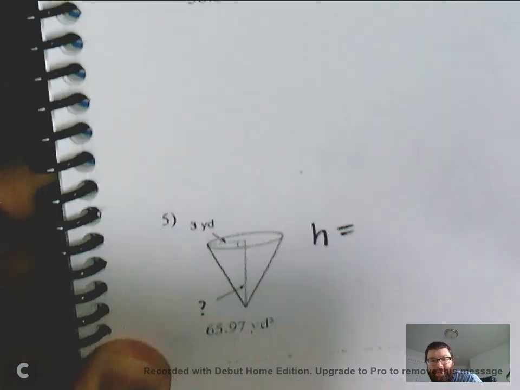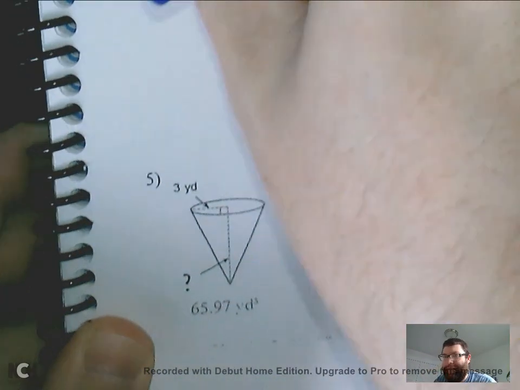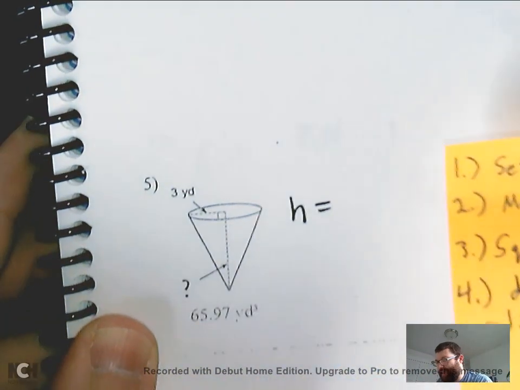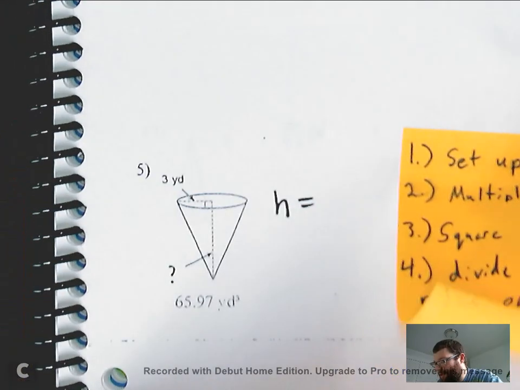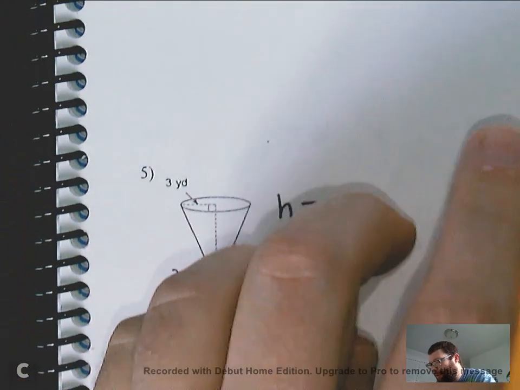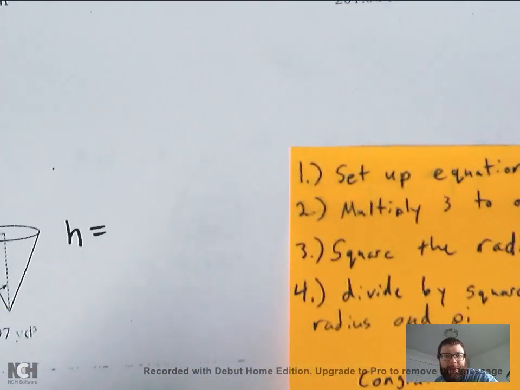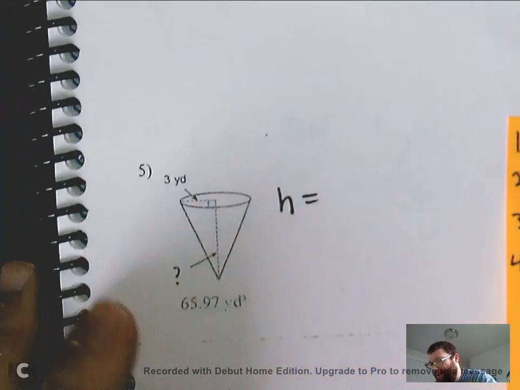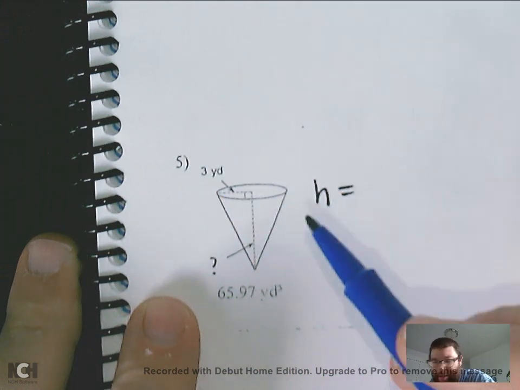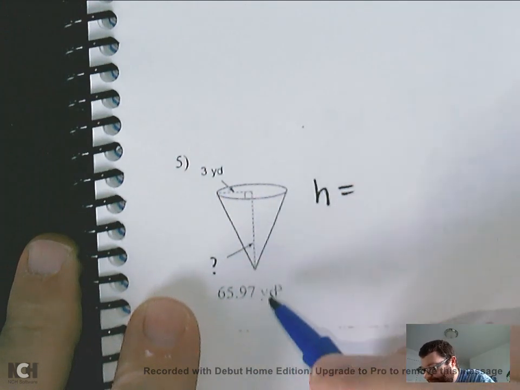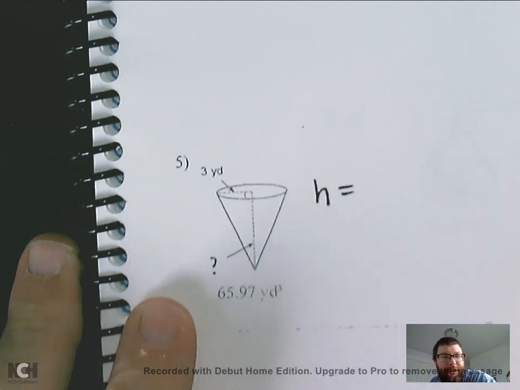Let's do one more. So again, let's bring down my steps here. First things first, I want some room to work. First things first is I want to set up the equation. So on this one, I'm given a radius of 3 yards. I don't know the height, and I'm given a volume of 65.97.